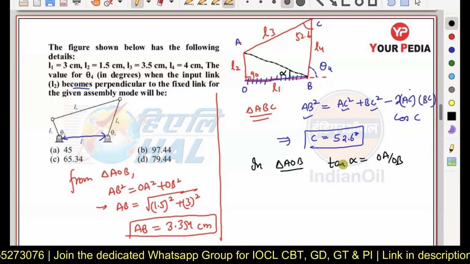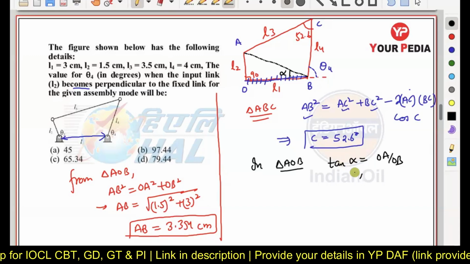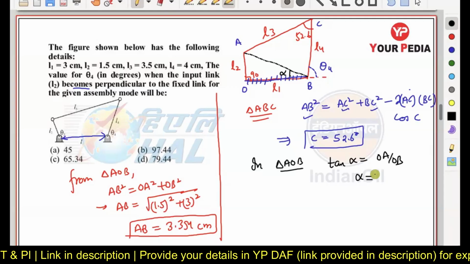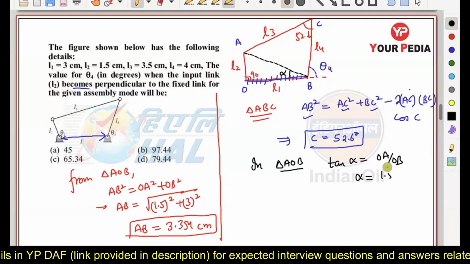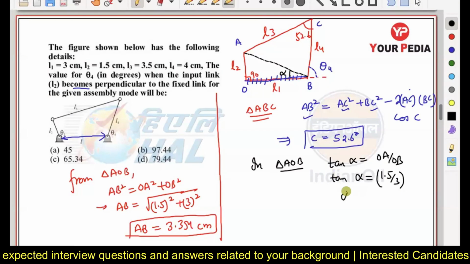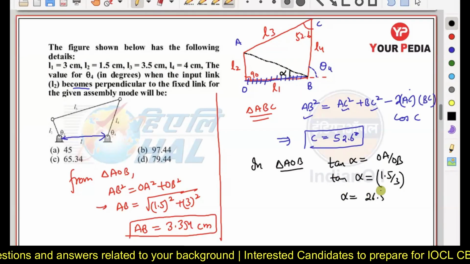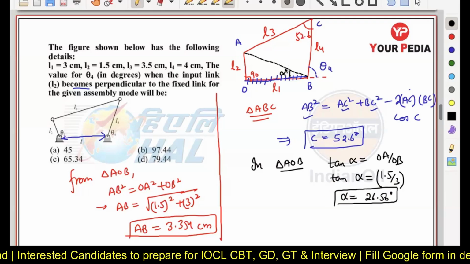You know the value of OA and OB. OA 1.5 divided by 3, and alpha is coming out to be 26.56 degree. Angle alpha we know.